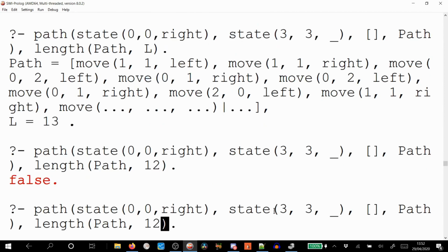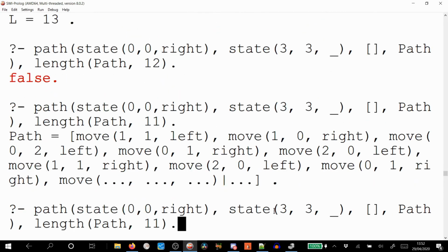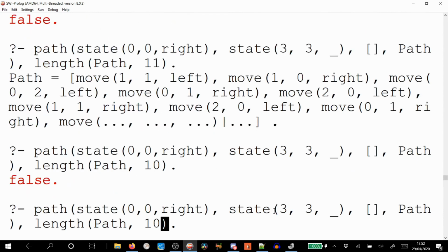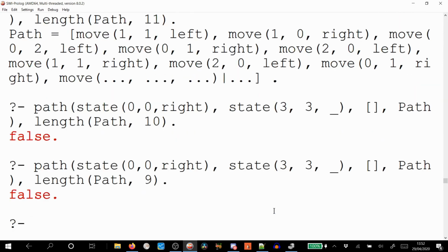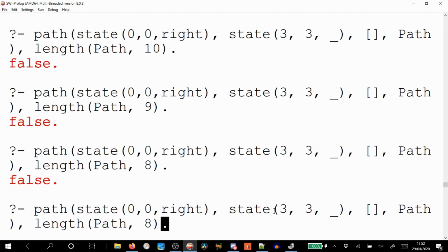Oh, yeah, one with 11. It is shorter. Let's check if we have a solution with 10. We have no solution with 10, and not with 9, and not with 8. So we have only a solution with 11.